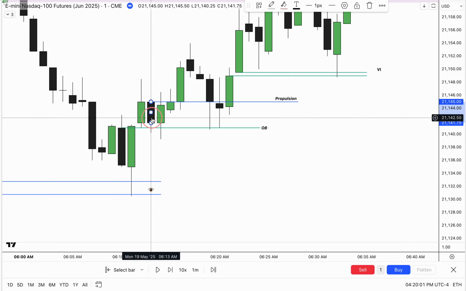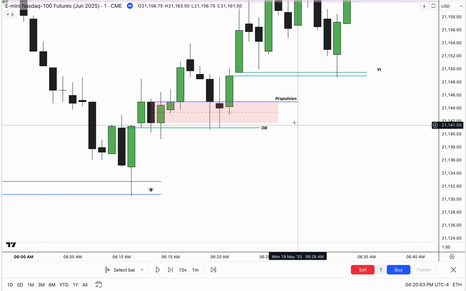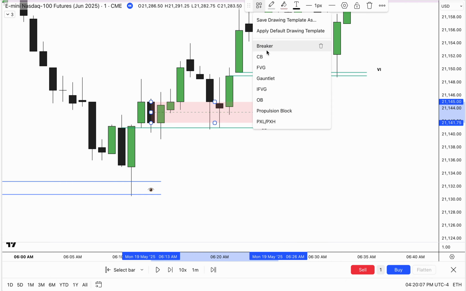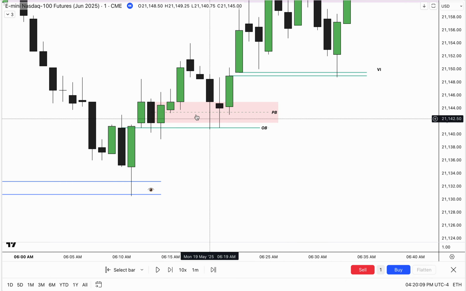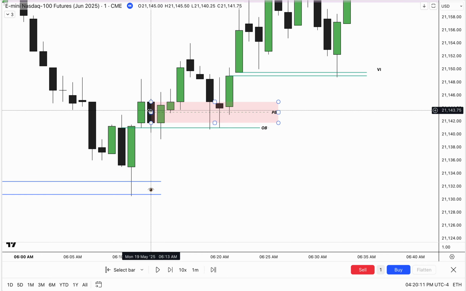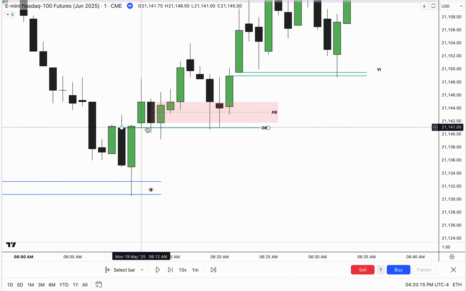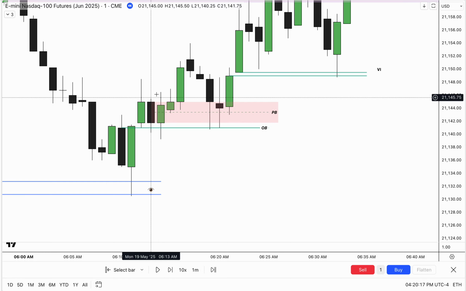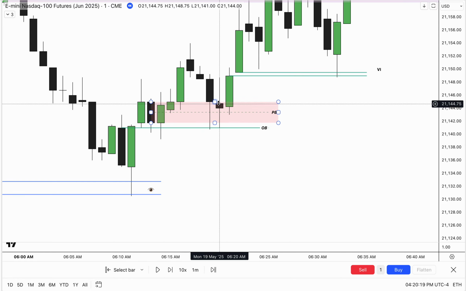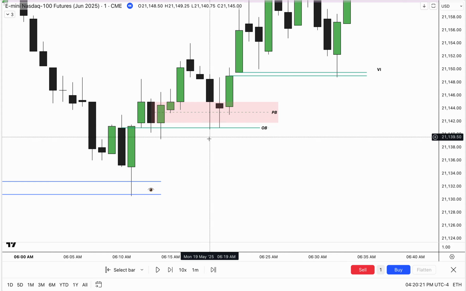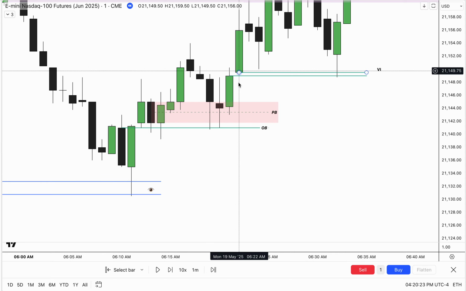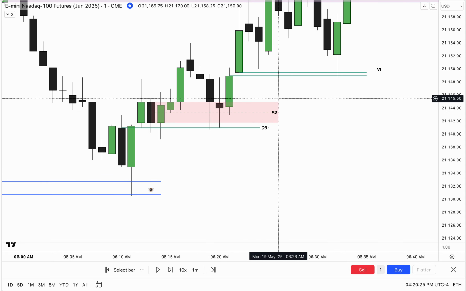Let's see how we did with the 50%. Alright, so that's our propulsion block, the second order block. So order block stacked on another one. That's the propulsion. You want to see the response in the highest part of this candle. We wick, and run. 50% remains unclosed.